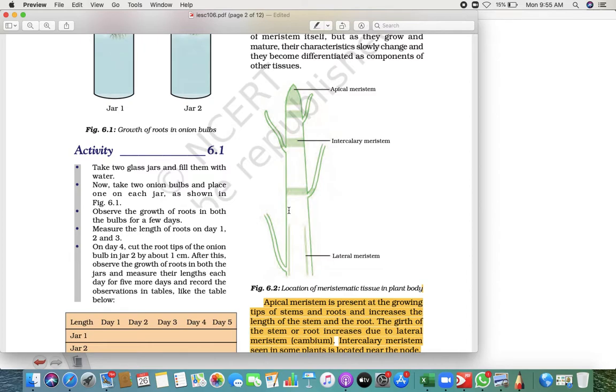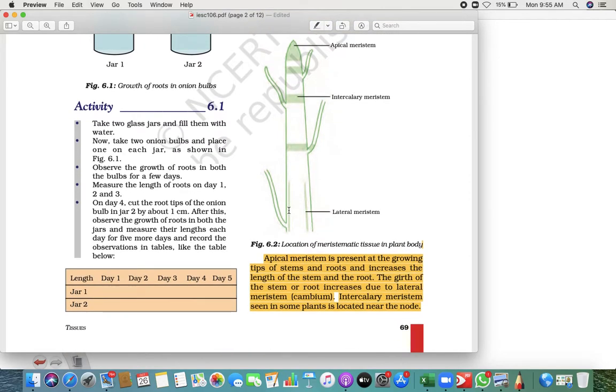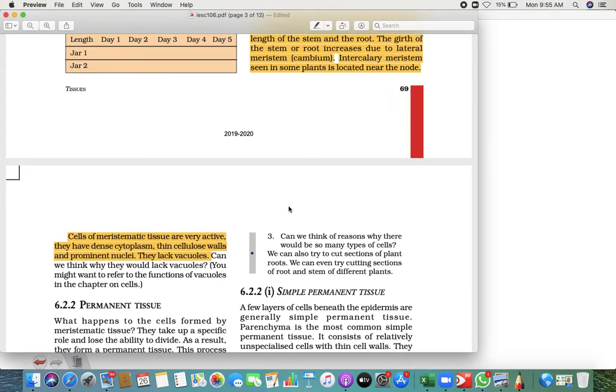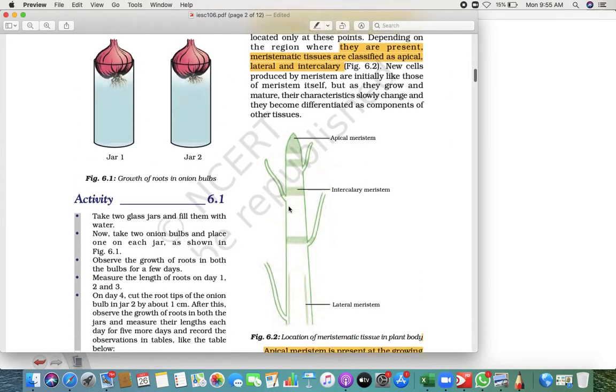Lateral will increase the diameter or girth of root and stem. And where the nodes are, it gives divided branches. At that time you find intercalary tissue. So I hope you are getting what I am trying to say about meristematic tissue.